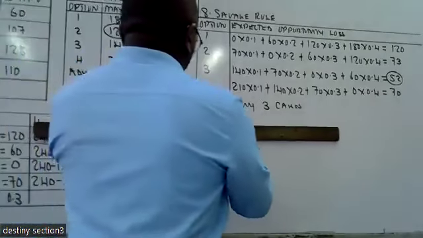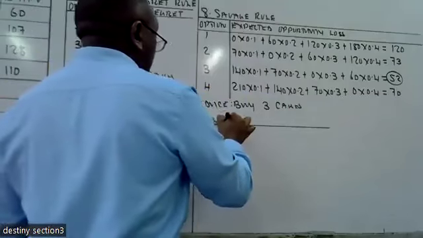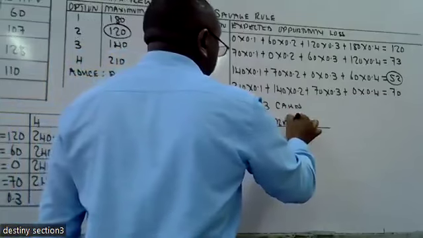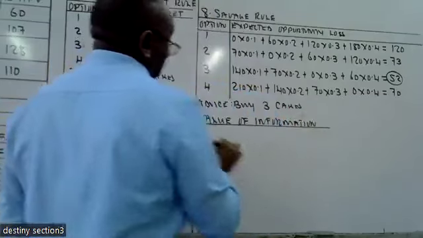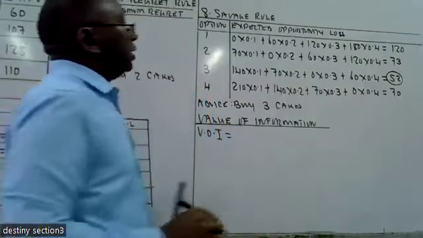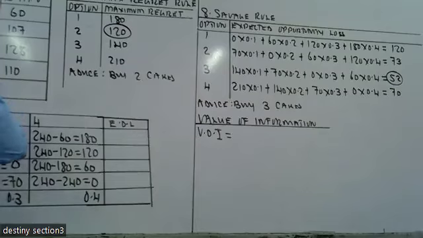The next thing that we need to know how to compute is called value of information. Yes, we have picked the smallest. So in the value of information, this is what you do.